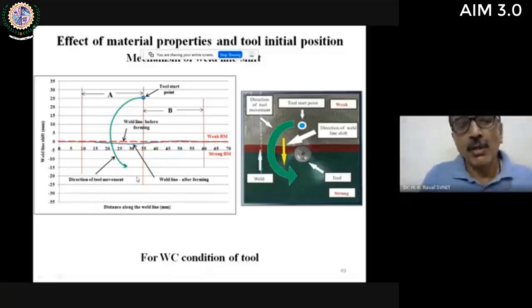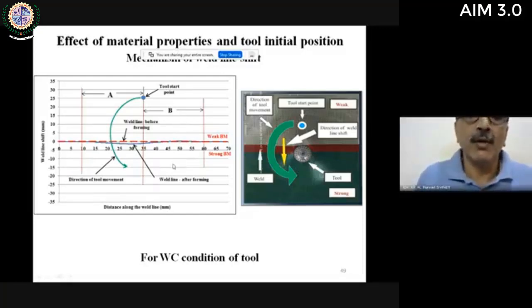But soon it crosses and starts deforming the B zone. You will notice that the dragging will be towards the tool motion, meaning upward, but the deformation of the weaker material will always be downward. So it will compensate the deformation, or compensate the weld line shift. That is why you will not find much weld line shift here, but you will find much weld line shift in this particular zone.